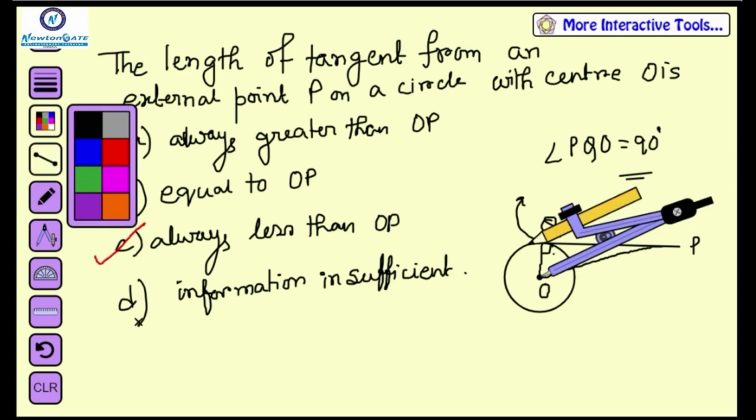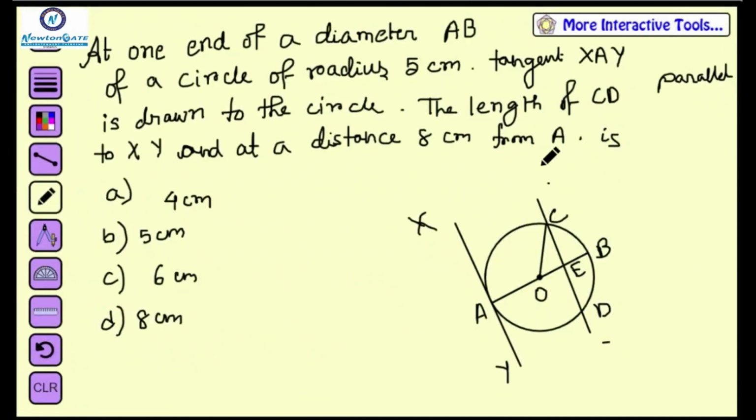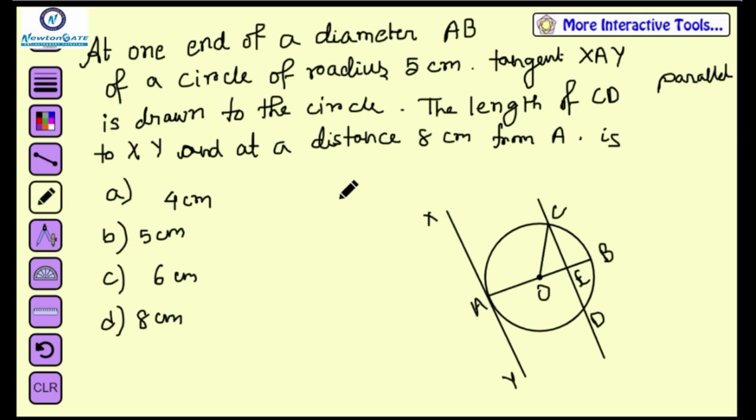Now we move to the next question. Here we find the length of CD. Now observe the figure carefully. Here OC and OA are the radius of the circle. So the length of OC and OA is equal and the length is 5 cm, given that.